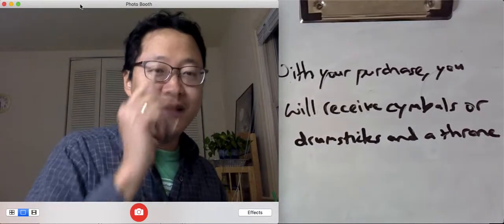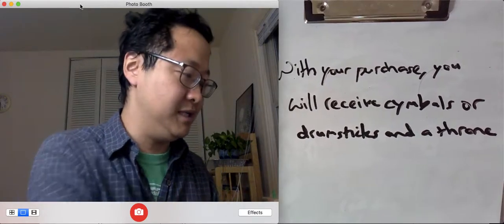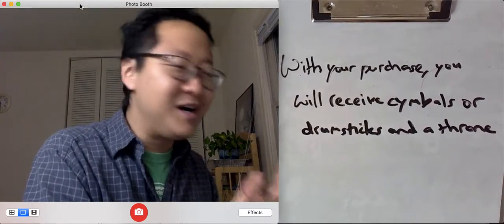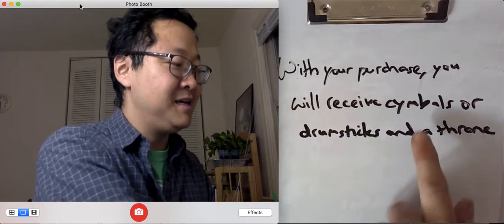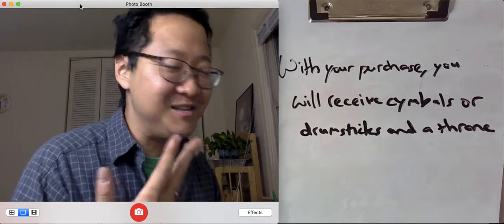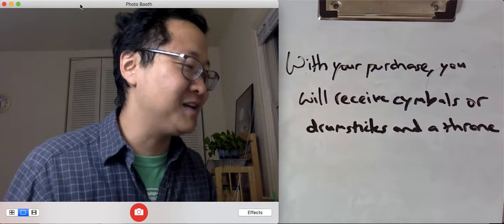Anyway, one thing that makes this syntactic ambiguity rather than lexical ambiguity is notice, at least in this context, there was no concern about what throne means, drumsticks mean, cymbals mean. There was no issue with that. So the concern was not lexical ambiguity. The concern was syntactic ambiguity.